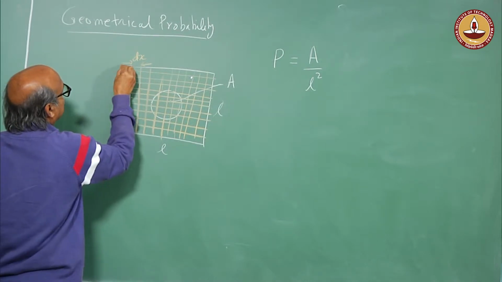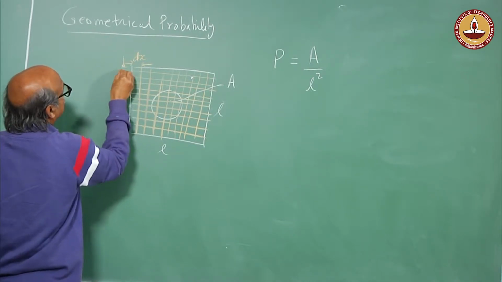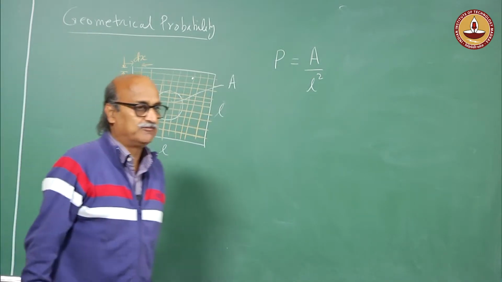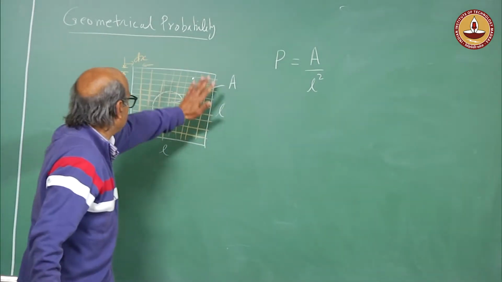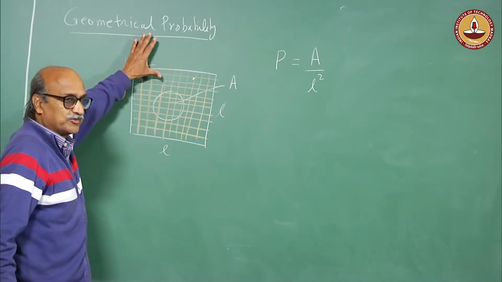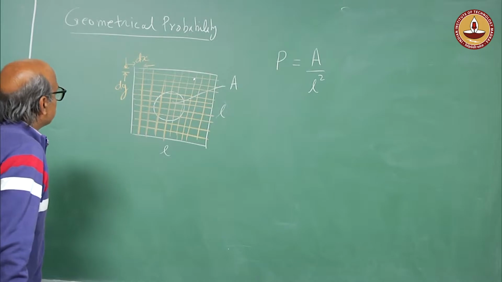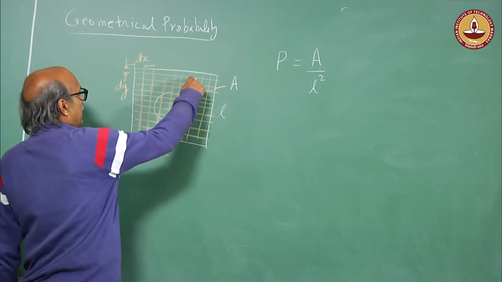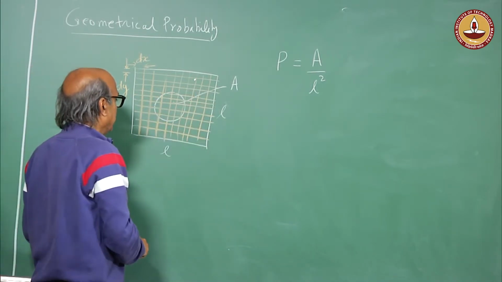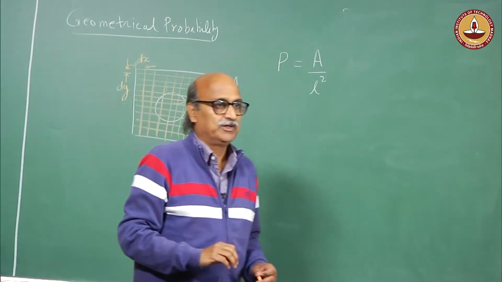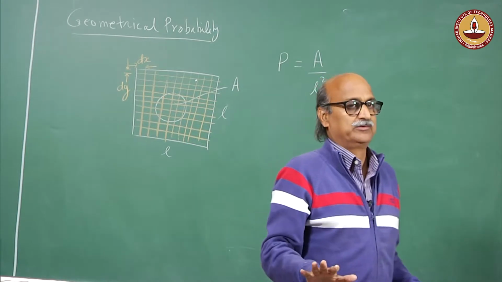So, this is dx and dy. So, I have divided this entire two dimensional space into elements of size dx by dy. Now, this random point can fall in any one of these elements with equal likelihood. Okay.